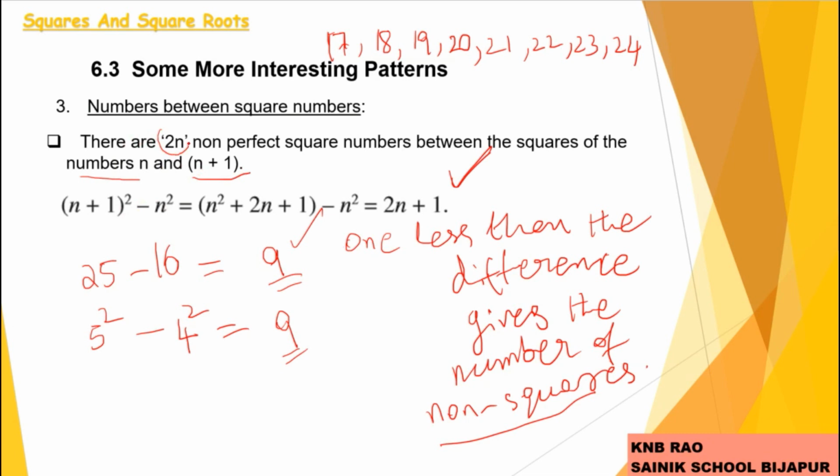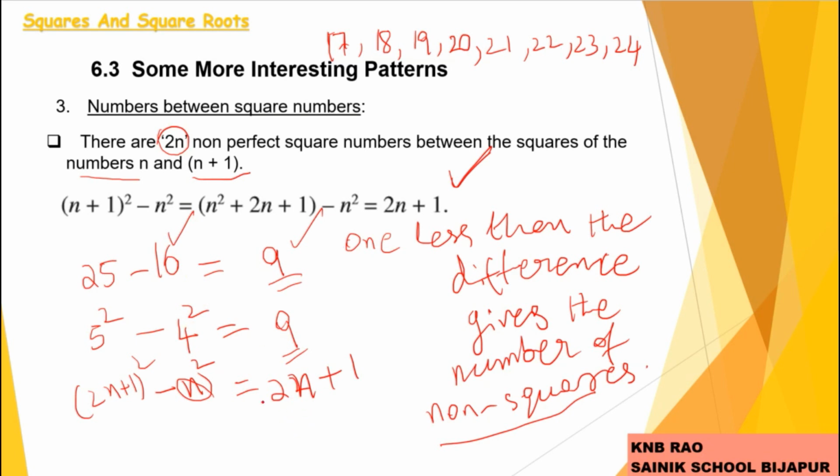So this 2n gives, here n is 4, 2 fours are 8. The smaller number whose square gives the first or smaller perfect square, to that we have to double.